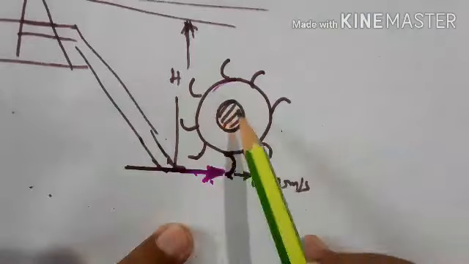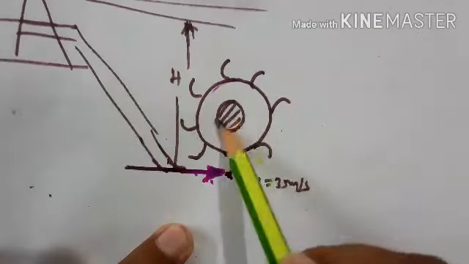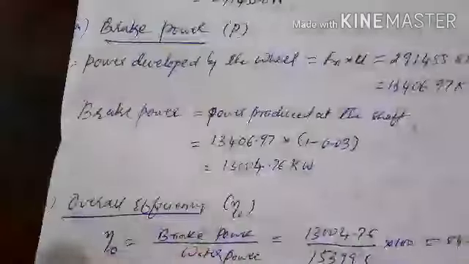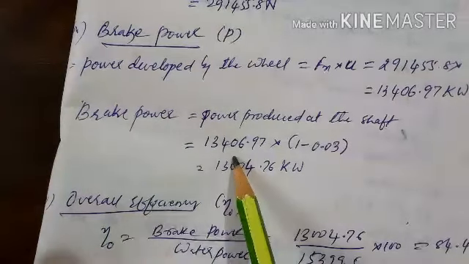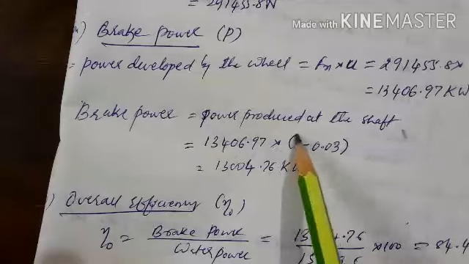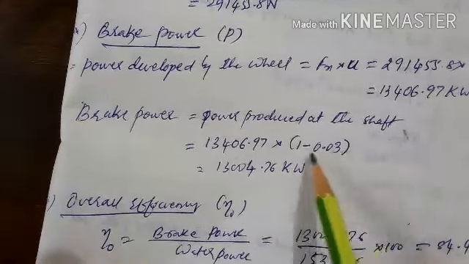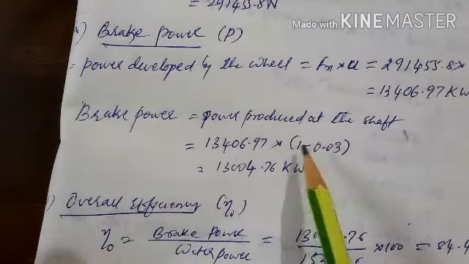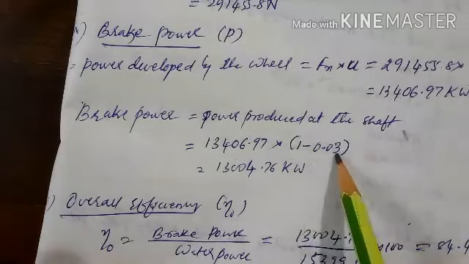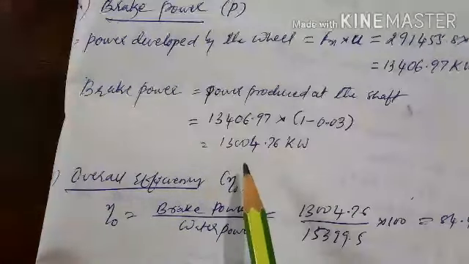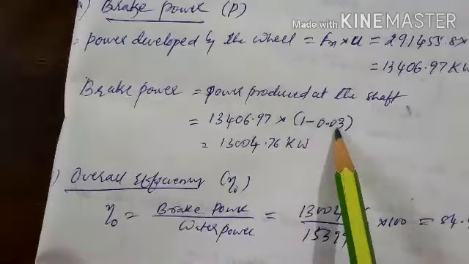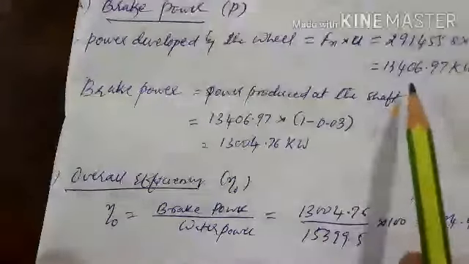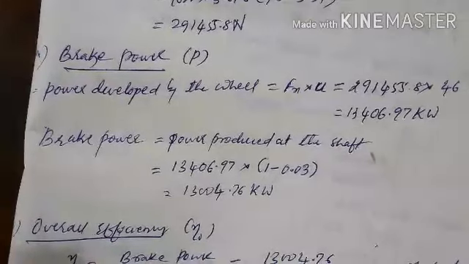We know the runner power, multiply by 1 minus 0.03. Here 1 means 100% efficiency, minus 0.03. If you do it, you will get 13004.76, which means 3% losses, meaning this much is the actual power.